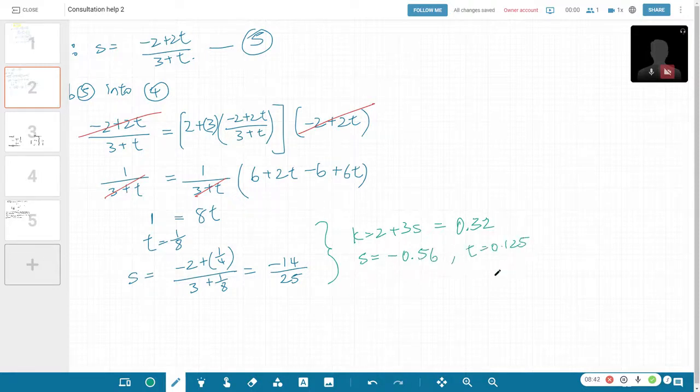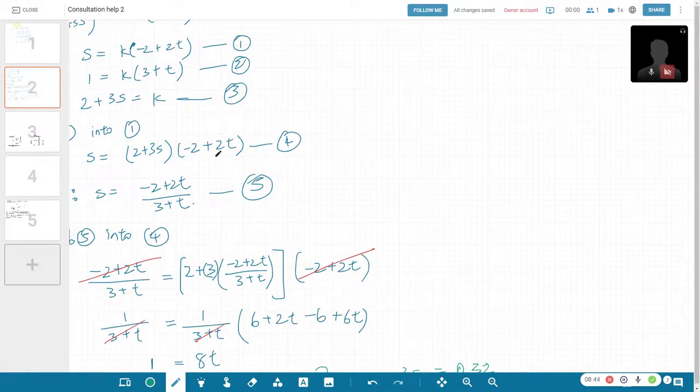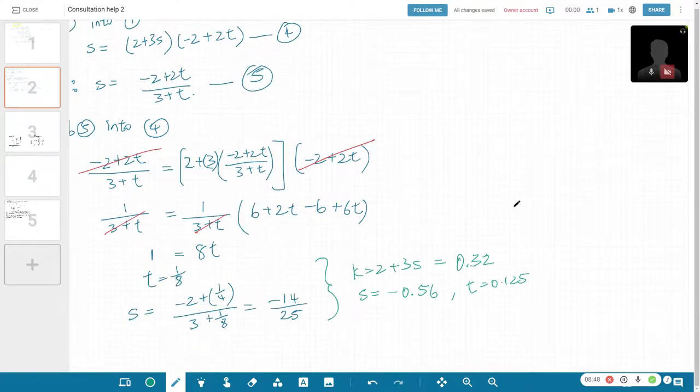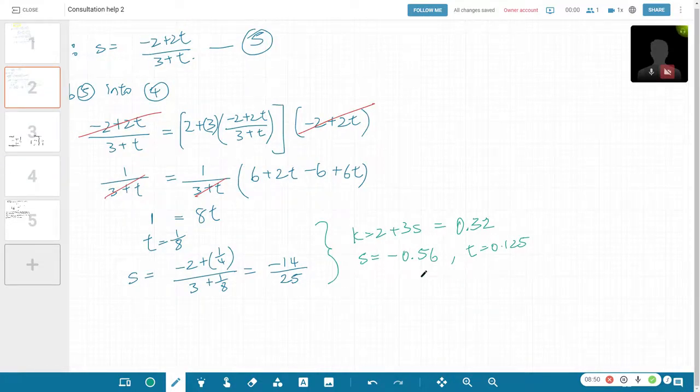So let's check on equation 1. S equals to K times minus 2 plus 2T. So we know the left side is going to be S, so K times minus 2 plus 2T. Okay, this is for equation 1. Let's check whether we get negative 0.56.